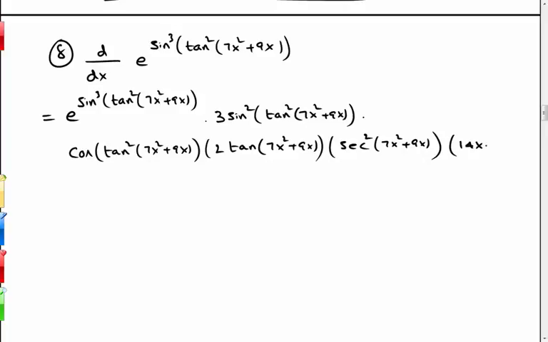Times 14x plus 9. Let me take a look at that. So d dx of that is e to the sine cube, okay, 3 sine square of that times the derivative of sine itself, which is cosine, and 2 tangent of that, the derivative of tangent squared, and secant squared. That should be your final answer.